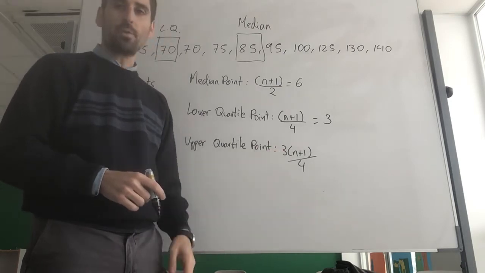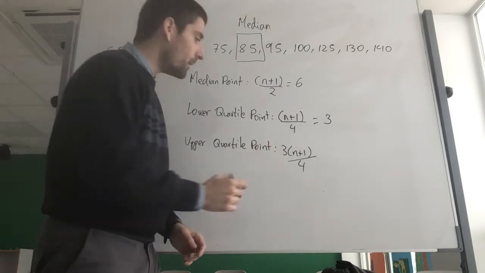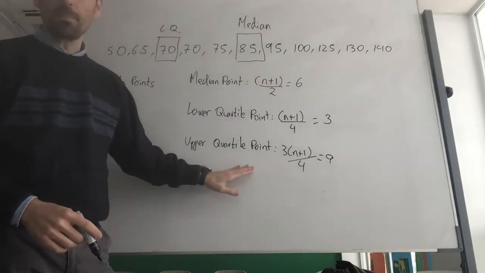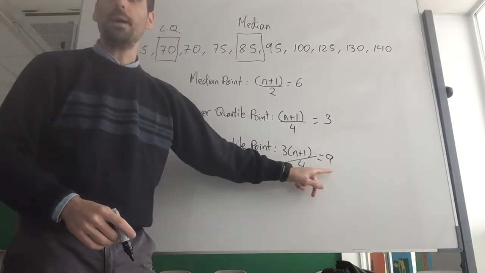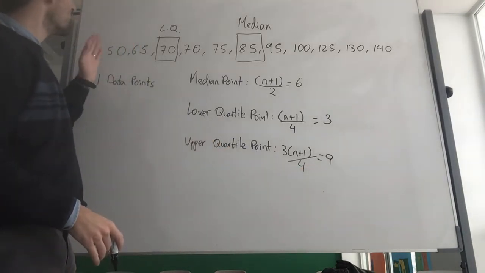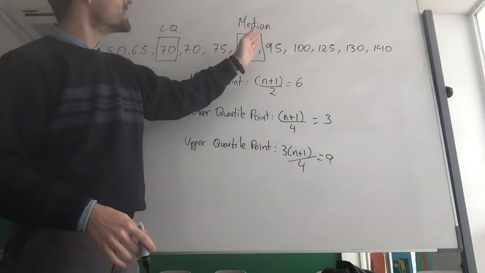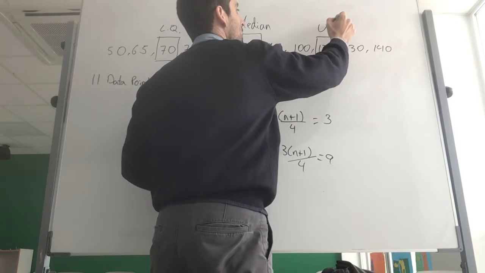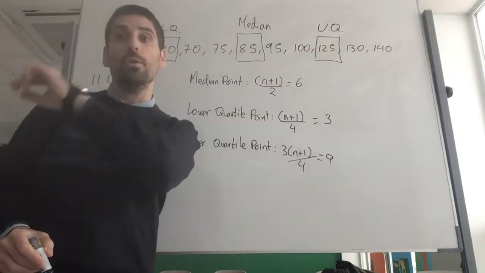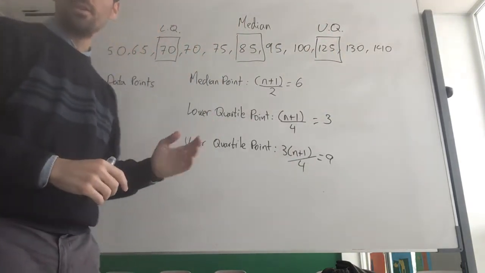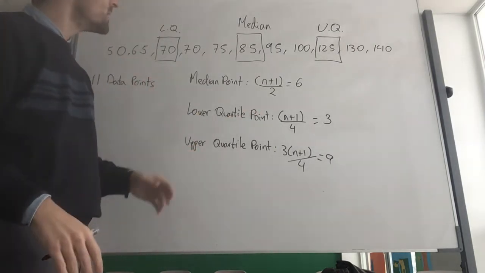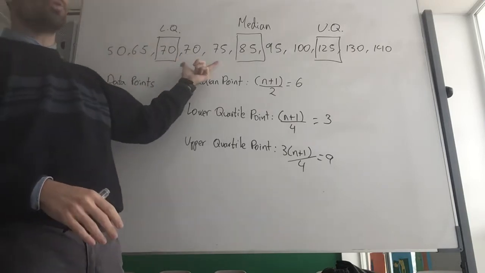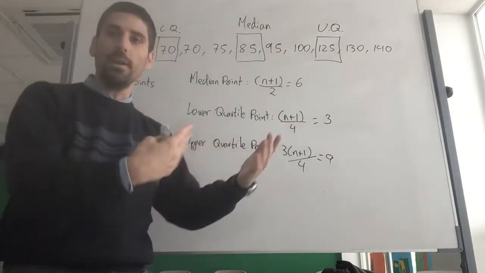So 3 times 12 is 36, 36 divided by 4 is 9. So the upper quartile point is data point number 9. So I'm going to count 1, 2, 3, 4, 5, 6, 7, 8, 9. That is the UQ, the upper quartile. So as you can see now, what we have achieved is that we have split our data set into 1, 2, 3, and 4 equal parts.